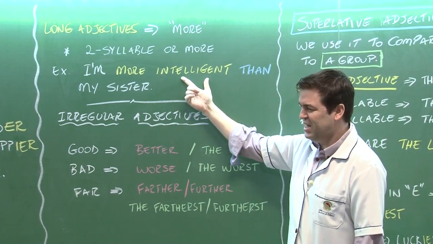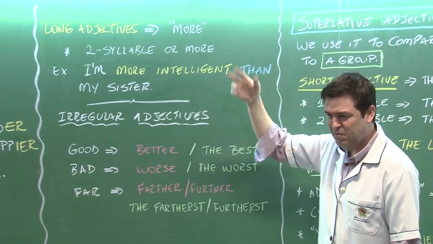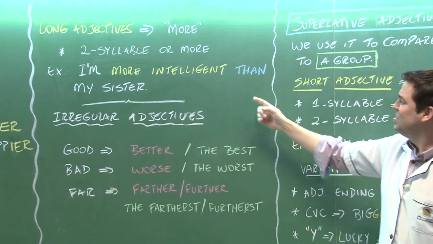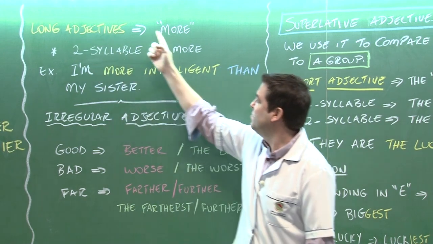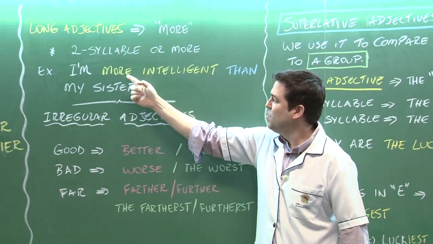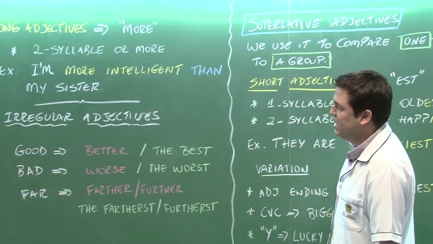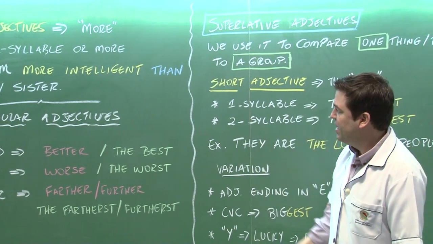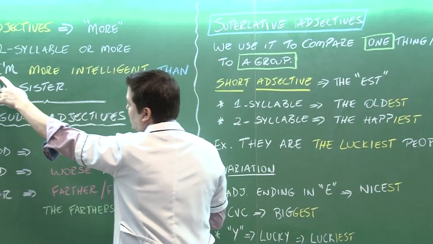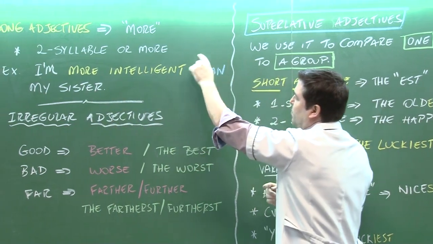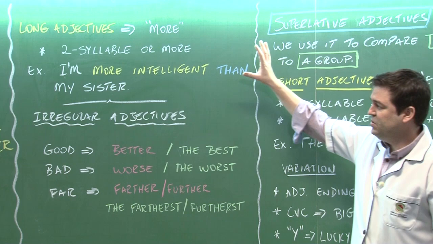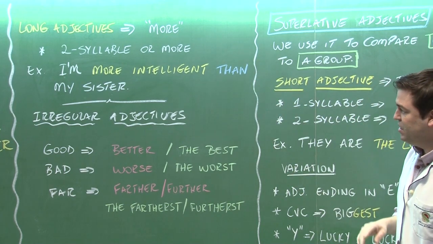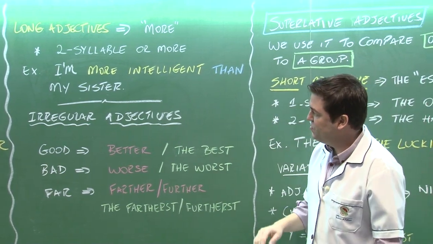The word intelligent has two syllables or more, yes? So it's a long adjective, and that's the reason I use more in front of the adjective, okay? Again, I'm comparing me and my sister with the word than, right? Very simple, this one. I don't think we will have problems with this one.